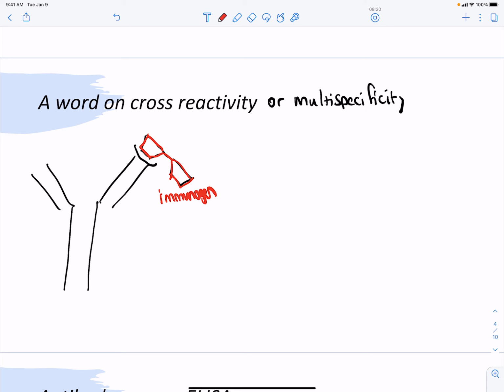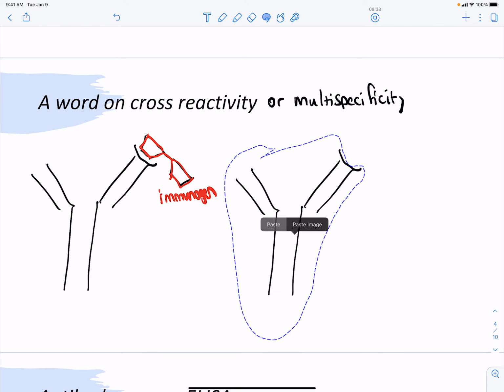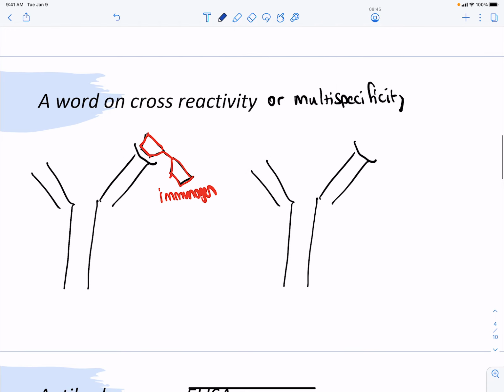And then you can potentially have a cross-reactive antigen. So for example, we'll take this same antibody, and if you have an antigen that looks similar to that red antigen, but it's now a blue antigen, but it still has that little dip, it's a different antigen altogether.